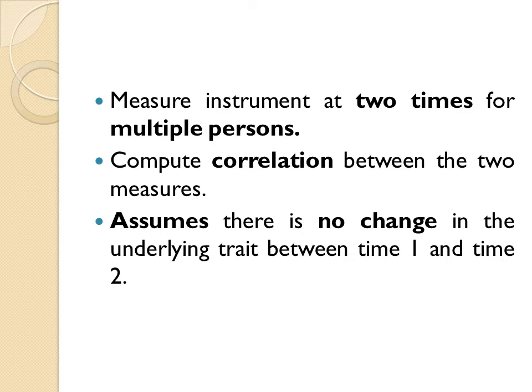This assumes there is no change in the underlying trait between time 1 and time 2. Since we are measuring the reliability of the test, we have to assume there should be no change of scores between time 1 and time 2.